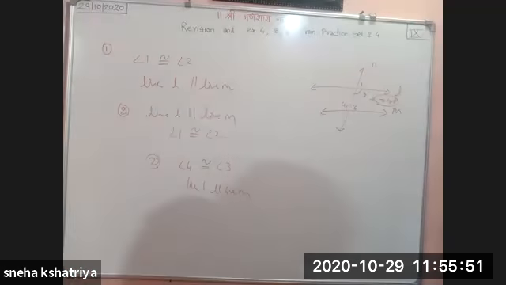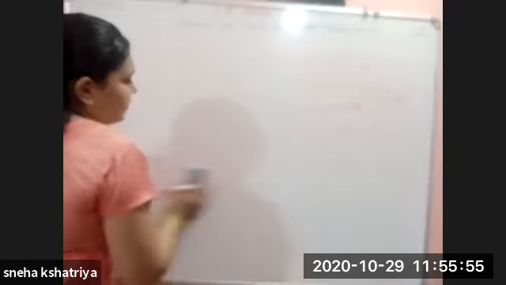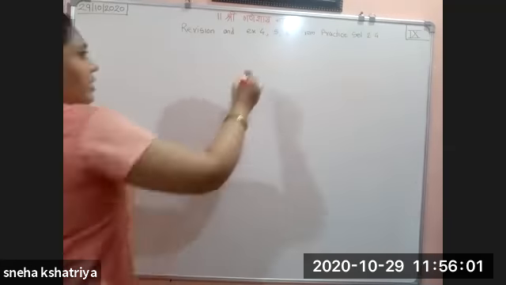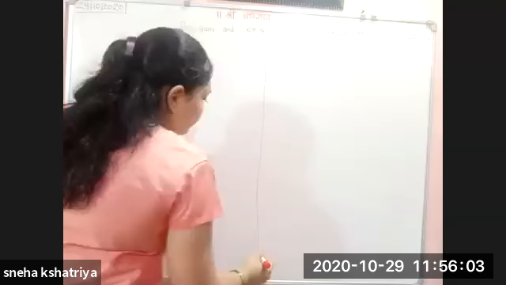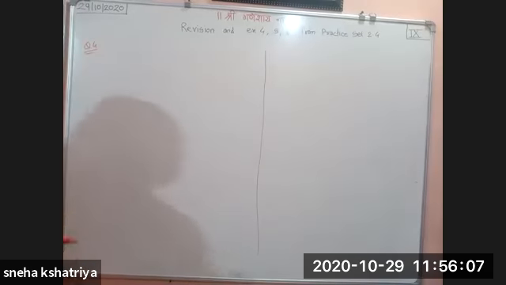So these were the tests of parallel lines. This was the complete revision of the chapter. I have taken all the important theorems again so that it becomes easy for you to understand. Now question 4, 5 and 6 we have to see.